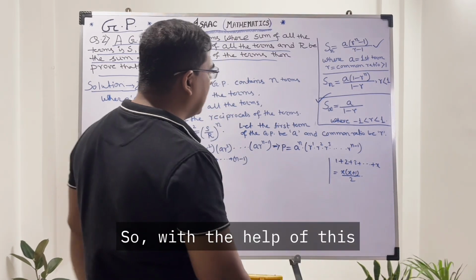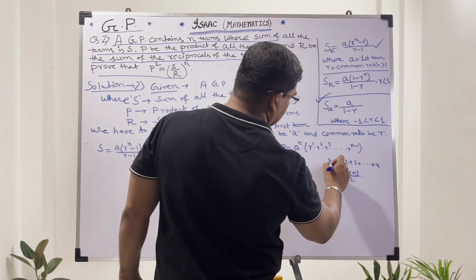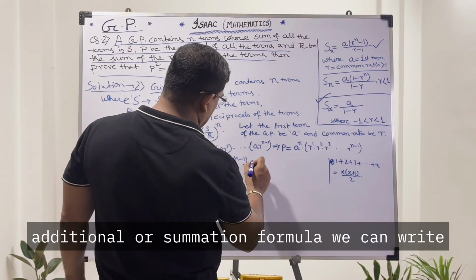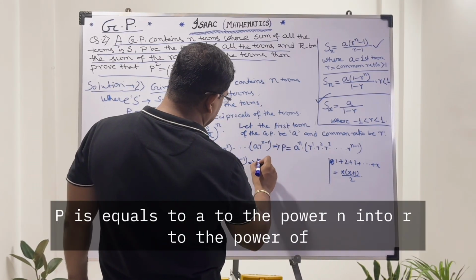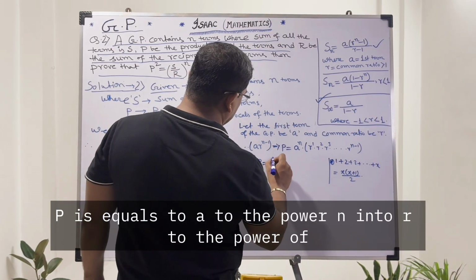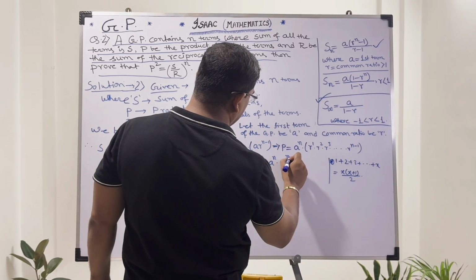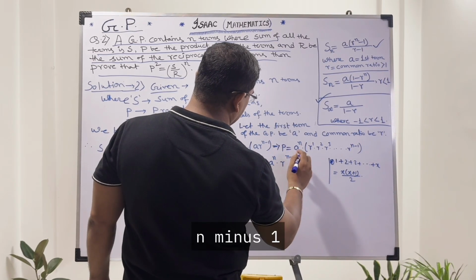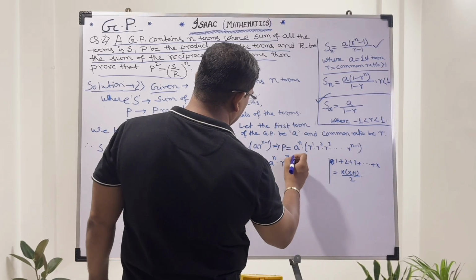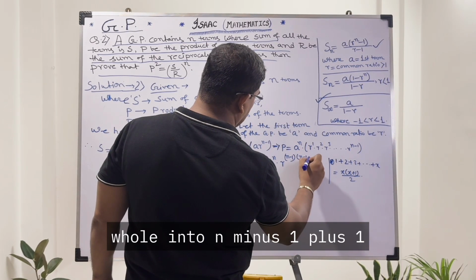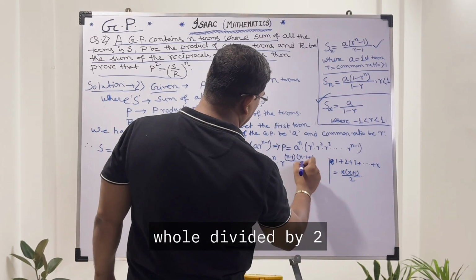So with the help of this summation formula, we can write P equals a to the power n into r to the power of (n minus 1) whole into (n minus 1 plus 1) whole divided by 2.